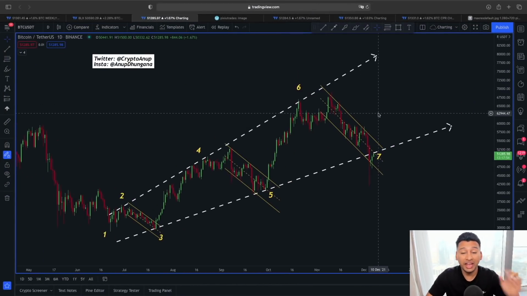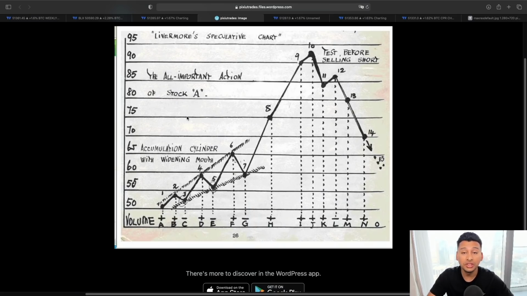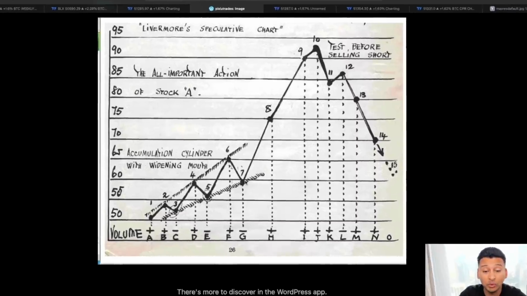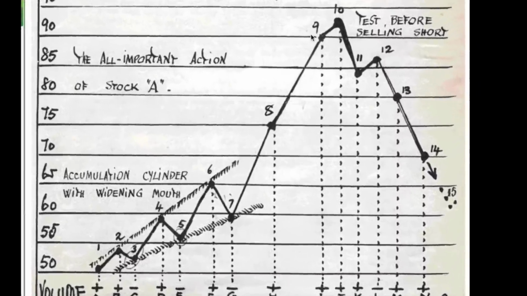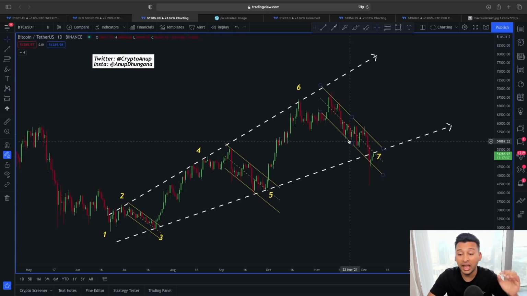So guys, now if we look at this in a daily time frame for Bitcoin, you know we have talked about this accumulation cylinder from Jesse Livermore, because according to the Jesse Livermore accumulation cylinder, price around this 0.7 usually finds support before continuing this rally here to the upper direction. And in our case, we said, hey, around this 0.7 is where we might be getting gravitated and also finding support.